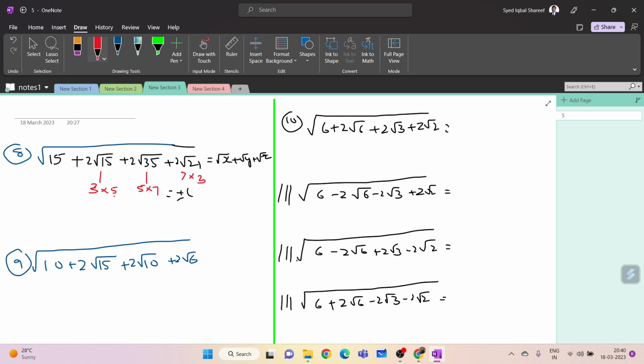See here, the second factor is equal to the first factor. Second factor is equal to the first factor. First factor is equal to the last factor. So the answer is plus or minus. So what is number 1? Number 1 is 3. So root 3. The second number is root 5. The third number is root 7. Okay.